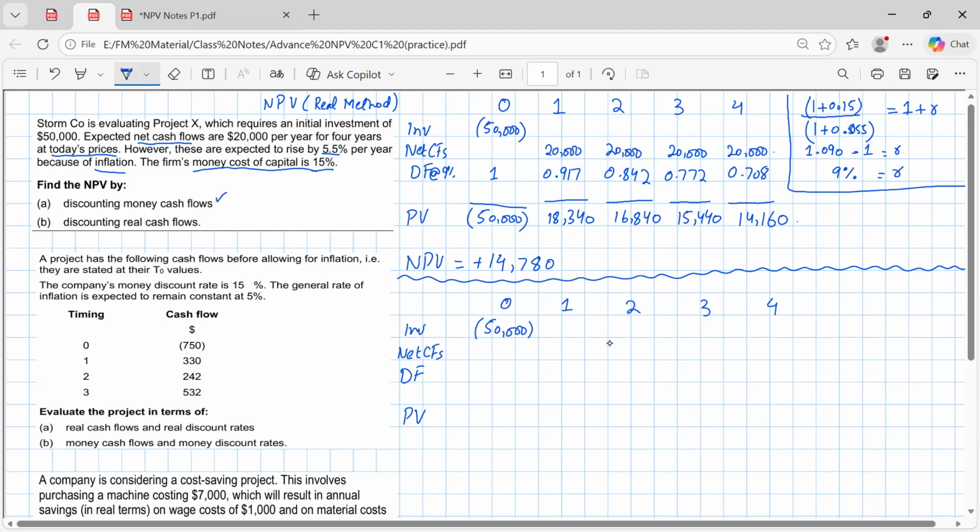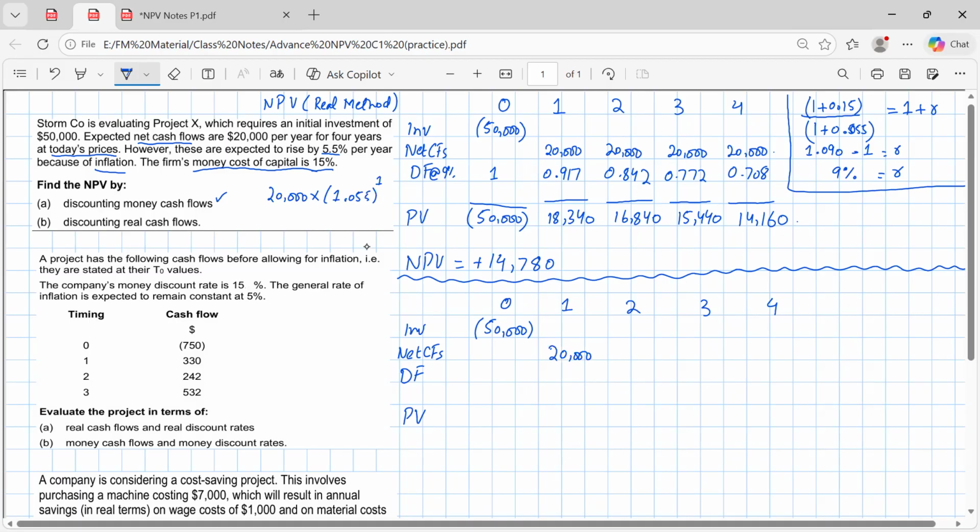Okay. So the cash flow for the first year will be 20,000. For the second year, you have to increase it. It's very simple: 20,000 multiplied by 1 plus the inflation rate, which is 5.5%, so 1.055. You can do that on your calculator as well. Power 1, because you want to inflate it.